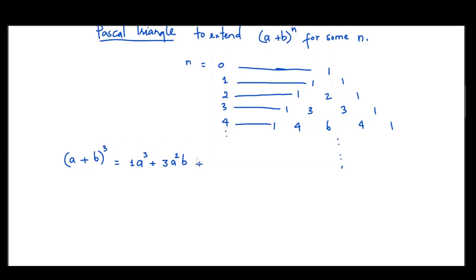For the next one, the coefficient would be 3, and then a is a to the power 1, which is a, and b increases to b squared. And the last one is b to the power 3, which has coefficient 1, but usually we omit it. So we have a cubed plus 3a squared b plus 3ab squared plus b cubed. This is for n equals 3.